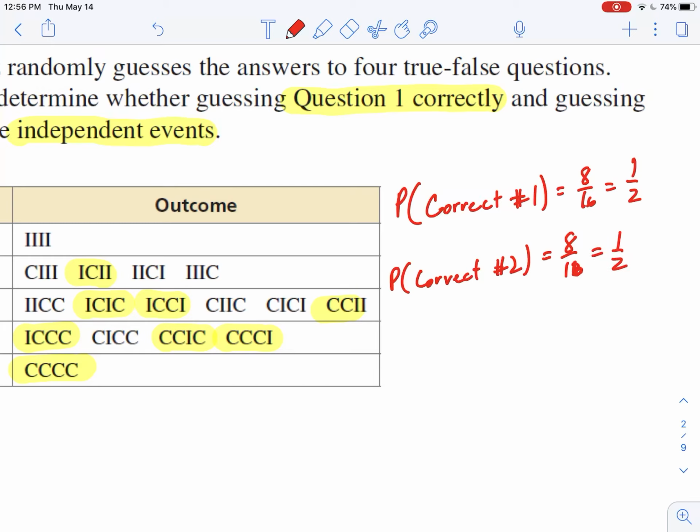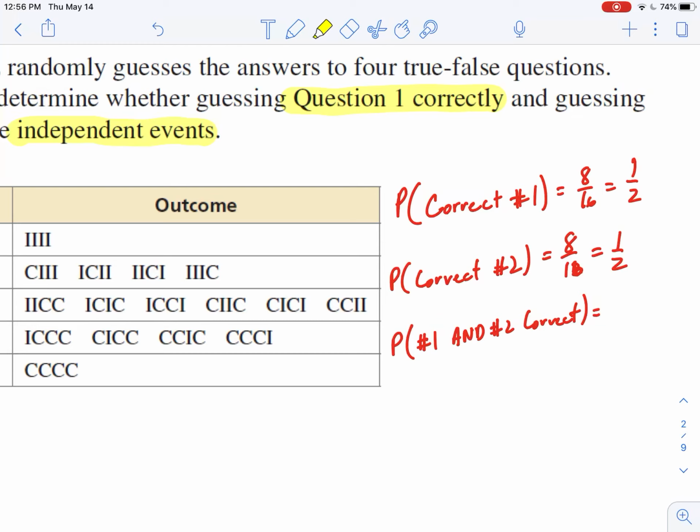Now let's find the probability of getting question number 1 and question number 2 correct. So let's go through and find all of those options. Which of these tests do we have both the first question and the second question correct?